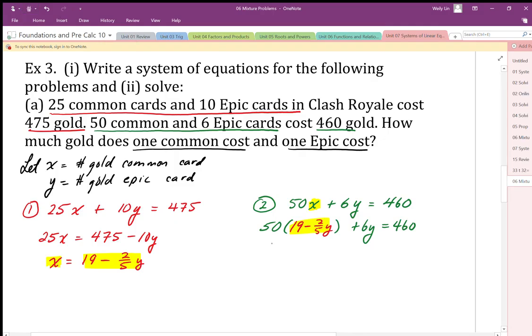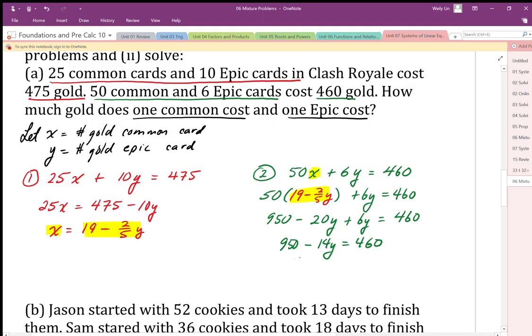So 50 times 19, I get 950 minus 20y plus 6y equals 460. So 950 minus 14y equals 460. So I'm going to move the 950 to the other side. So 460 minus 950 gives me negative 490.